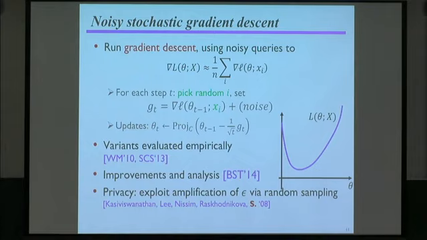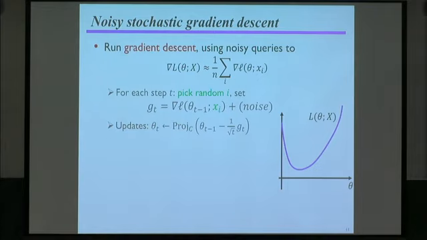I'm not going to dwell on the attribution, but one of the interesting things here is that there are two sources of randomness. There's the fact that we're sampling a single data point to compute the gradient, and then we're adding noise. It turns out that both of those contribute to the privacy analysis.